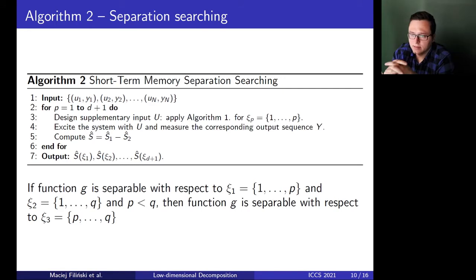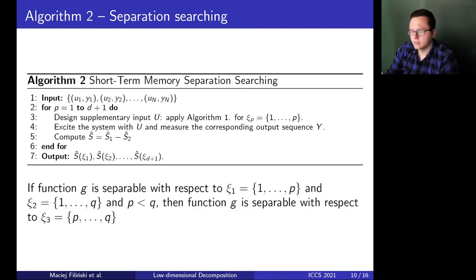The second step is to excite the system with the input sequence and measure the output sequence. And the third step is to compute the separability factor for this Xi_p.